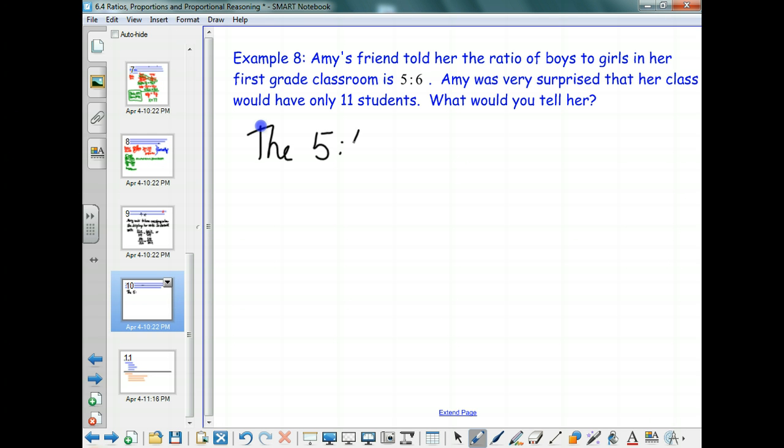What about that 5 to 6 ratio? Reduced was the word I heard, and then I thought it was the word I said. The word reduced is kind of easier.